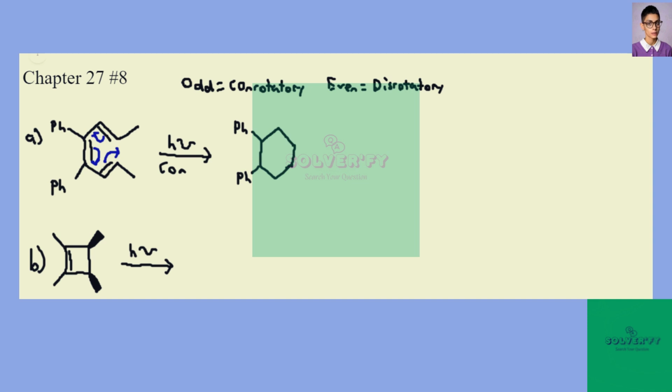And now here's where the difference is going to come in. For problem number 6, we got disrotatory rotation, and so both of our methyl groups ended up pointing up.